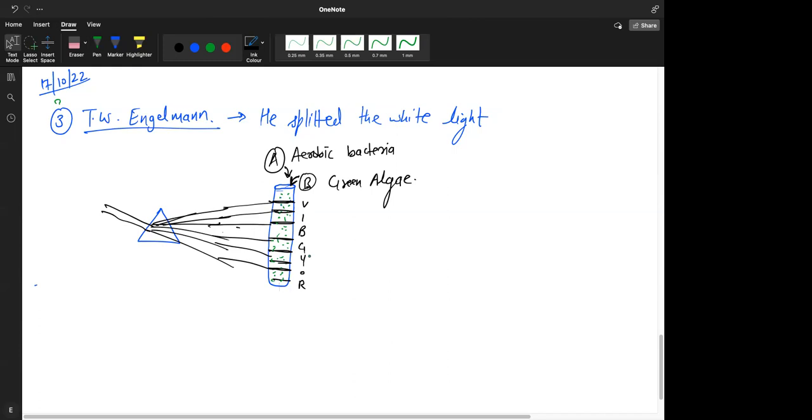If you see bacteria everywhere in the same concentration, what will you infer in this experiment? Hypothetically, let's assume that after shining the white light through a prism on that tube, you find aerobic bacteria everywhere. What does it mean?